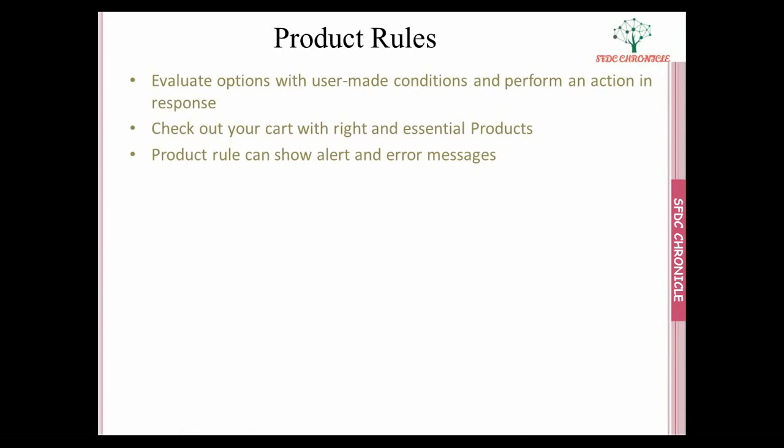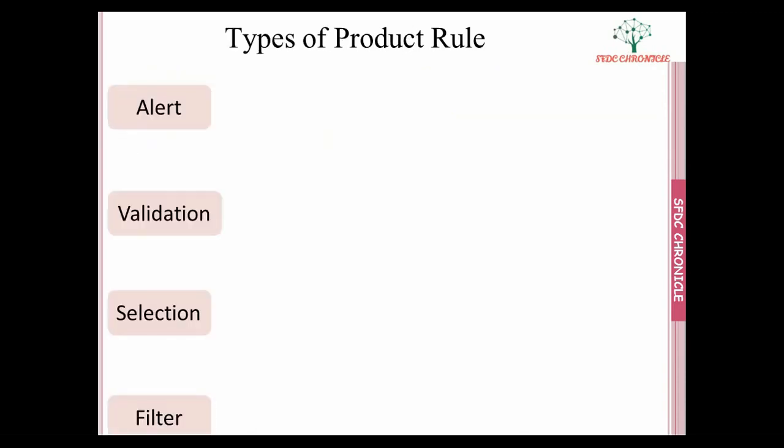So there are different types of product rules that will alert our sales rep that something is not right in the configured product or in the quote line editor. So how will they be able to understand that with these different product rules?